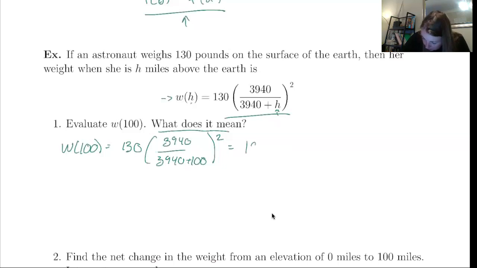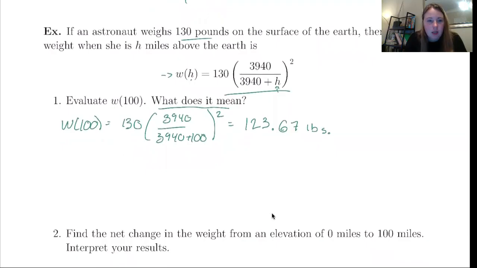It should be 123.67. The astronaut weighs 130 pounds, so that tells me that weight is in pounds as well. Okay, so what does this mean?